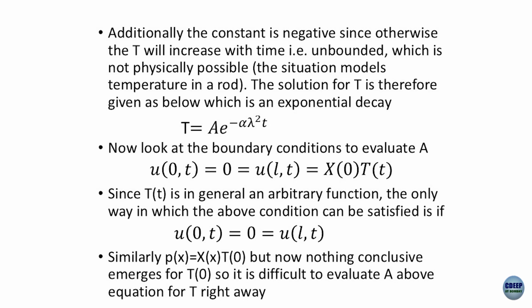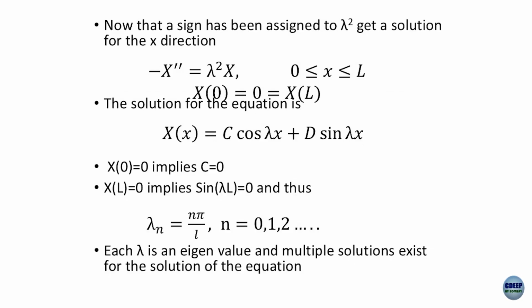And once we have extracted that, you say that I would now like to see if something comes out of t also, and at time little t equal to 0 you put in, and the condition really does not give anything conclusive, so we just say that okay, we are going to take care of this headache as we move along.